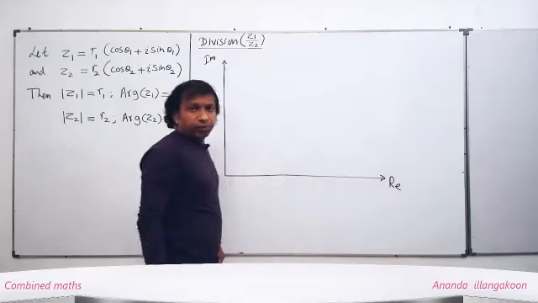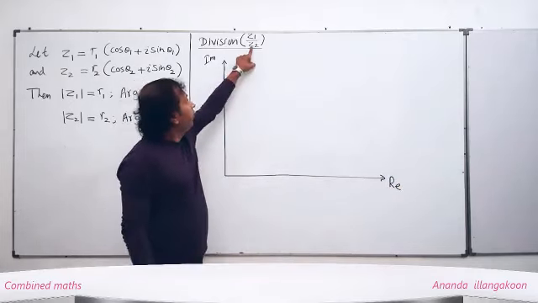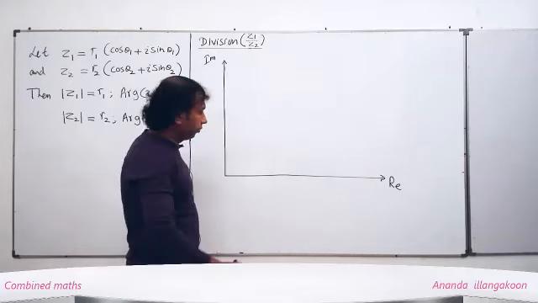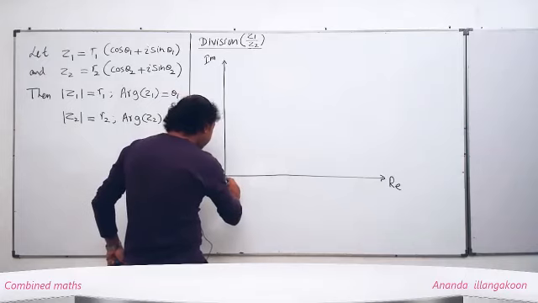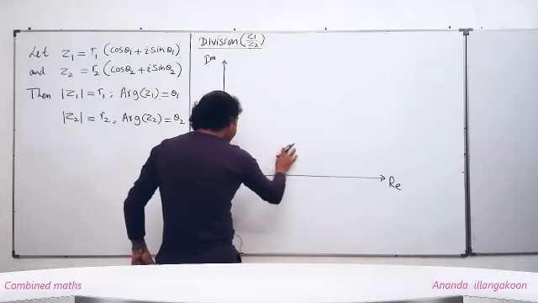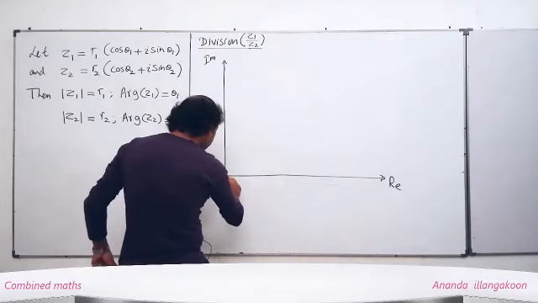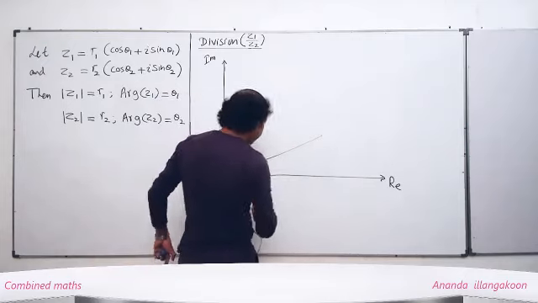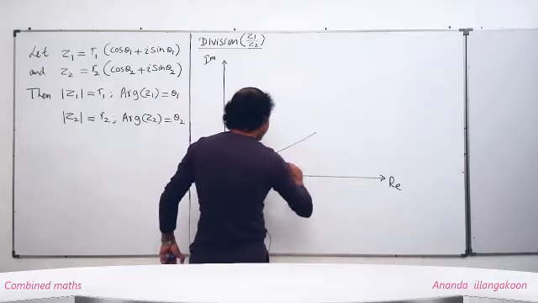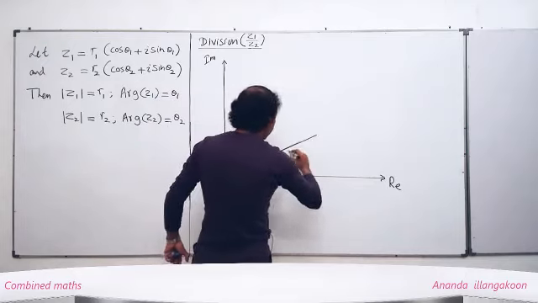First we mark, people, Z2 with lesser argument, theta 2, like this.